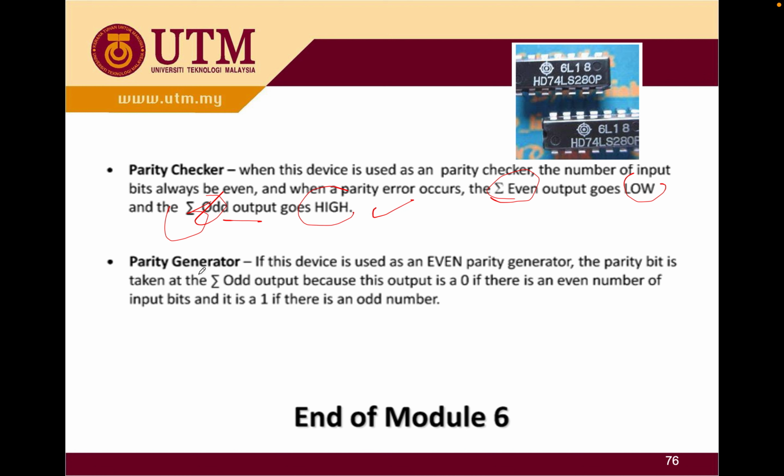And lastly, about your parity generator, if the device is used as an even parity generator, the parity bit is taken as the sum odd output. Because this output is a 0 already given, if it is an even number of input bits, it will be 1. Vice versa, of course, if there is an odd number.